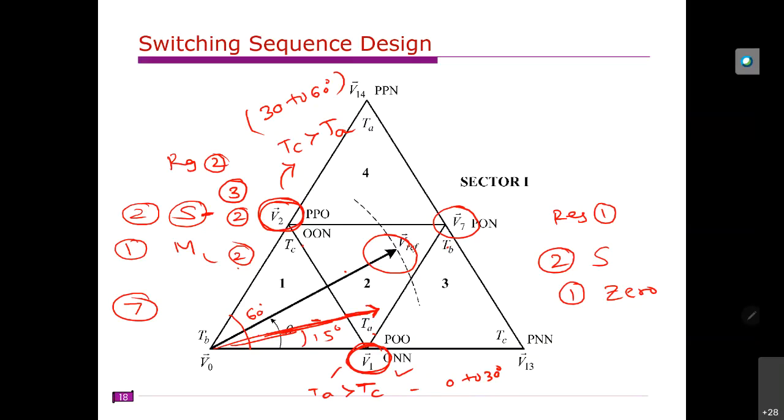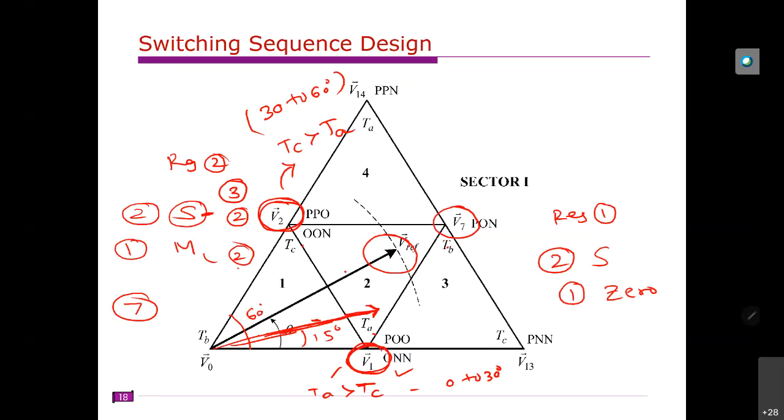Now, if it is in region 2, we again divide it into two parts, say the 2A and 2B regions. 2A is for the first 30 degrees, and 2B is for 30 to 60 degrees.